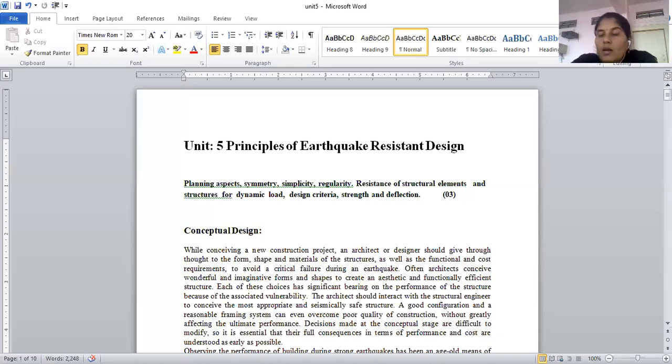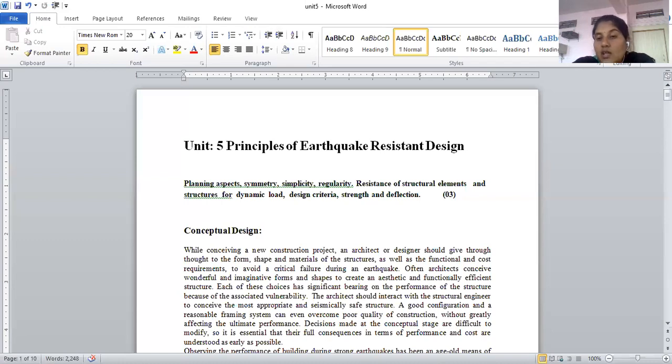By understanding the different types of earthquakes that happen with different velocity, different magnitude, different intensity, the conceptual design criteria have been made by understanding the different types of buildings, at what intensity and at what magnitude, and why such types of buildings are collapsing.